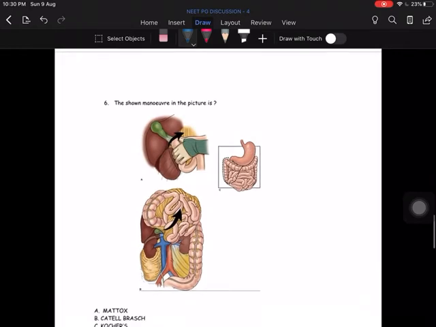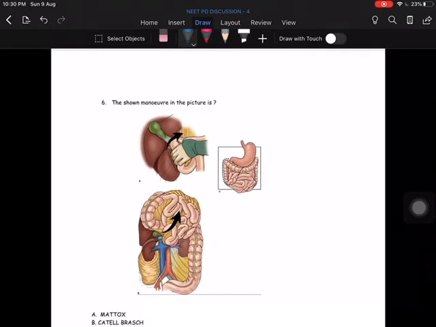Next question. The shown maneuver in the picture: you have the abdomen, this is the right part and this is the left part. The right part, the major right colon, the ascending colon, is being pushed up or medially, to expose the retroperitoneal structures.